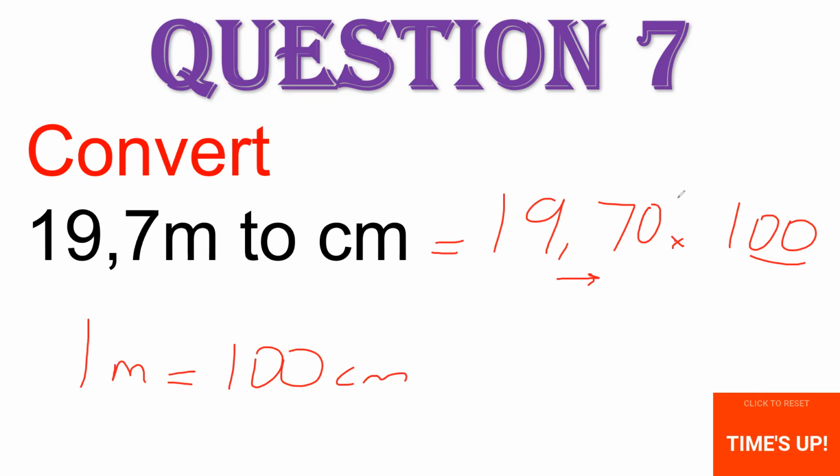So you can add zeros here. 19 and the comma is moving 1, 2 times, 7, 0. Comma and 0 we have, but we don't need to write. 1,970 centimeters. That's our answer for question 7. From meter to centimeter, times by 100. Done. Let's go to the next question, guys.